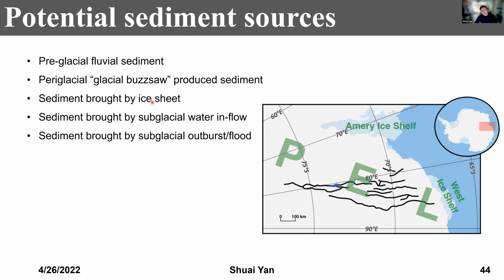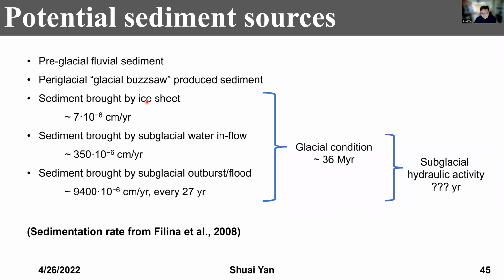Of course, there's a time limit on the last 3 sedimentation processes, because Antarctica has only been covered by ice sheet for about 36 million years. So there's a time limit on the last 3. And there's another time limit for the last 2, because it would require hydraulic activity going on beneath the ice sheet.